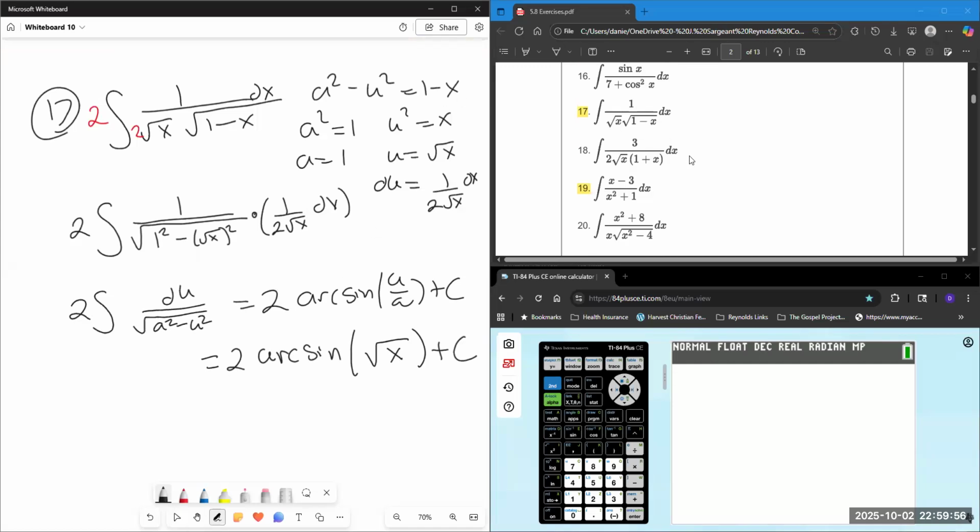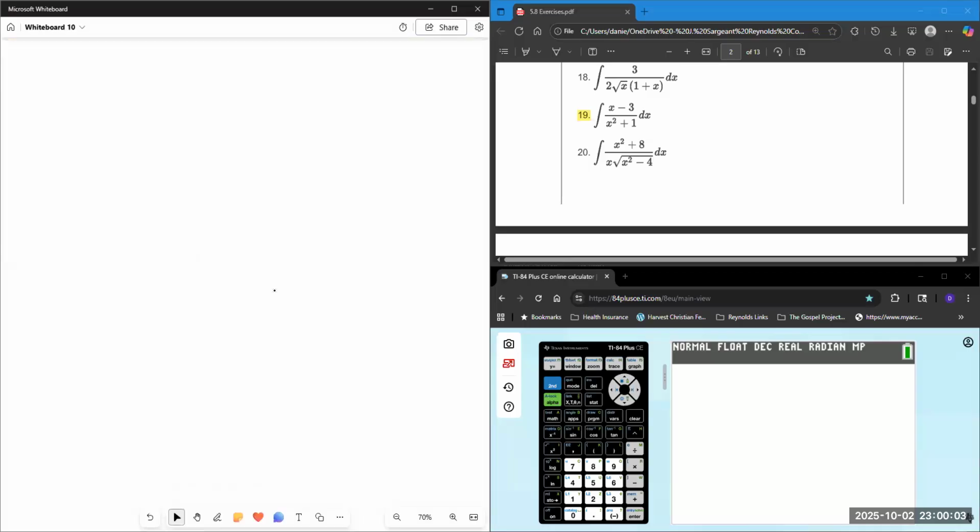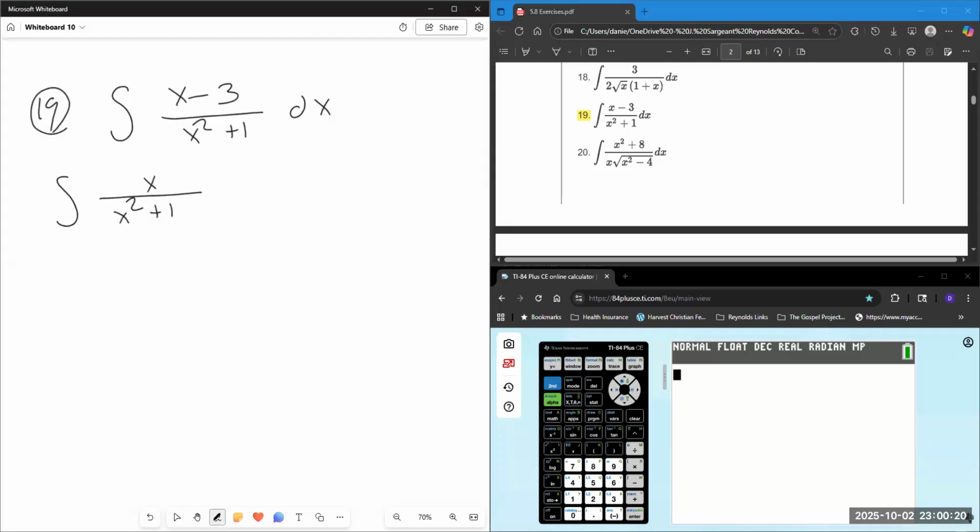Let's look at number 19 now. Number 19 is integral of x minus 3 over x squared plus 1 dx. So I'd like to split this into two integrals.